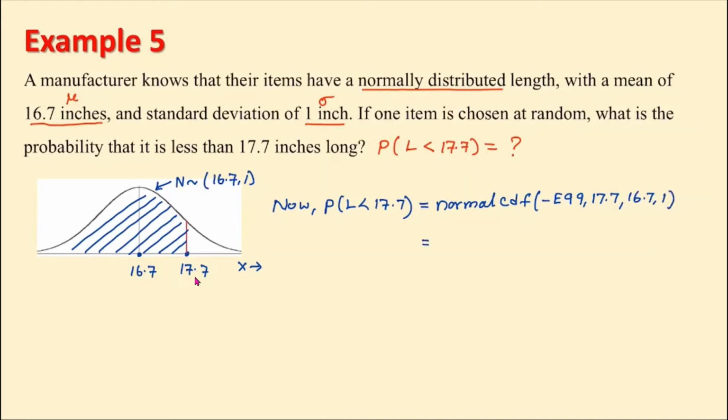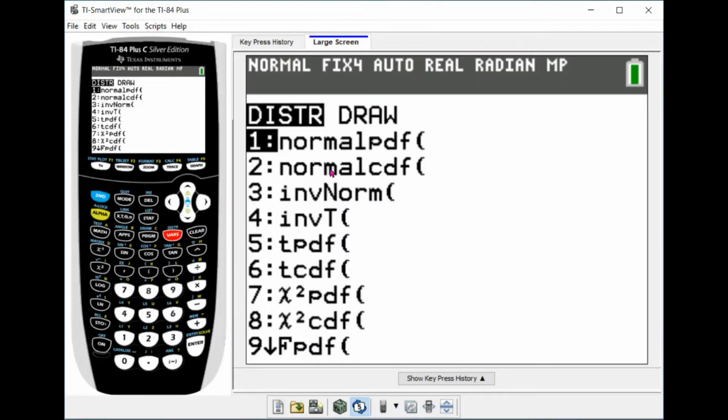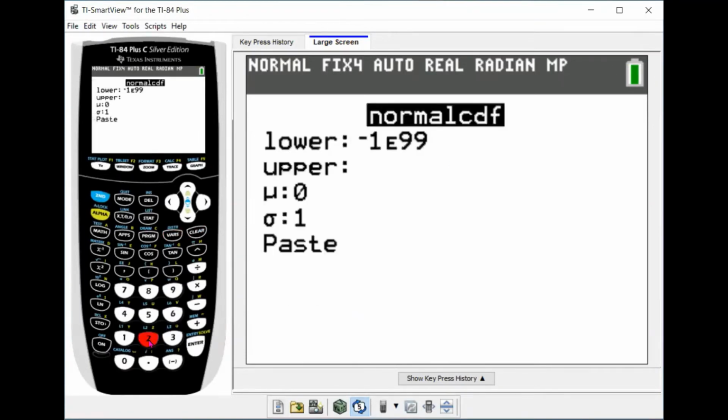So all we need to do is type this in our TI-84 calculator and get the value. In TI-84 calculator, we go to second, then vars, and then number 2 for normal CDF. We are starting with negative infinity, or negative E99, which is already here. The upper limit is 17.7.